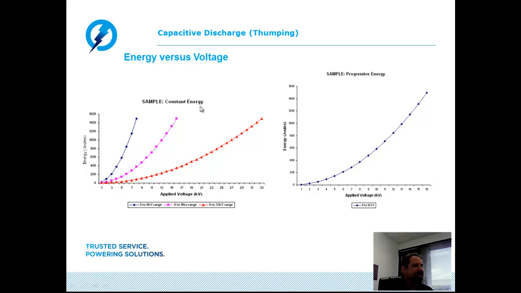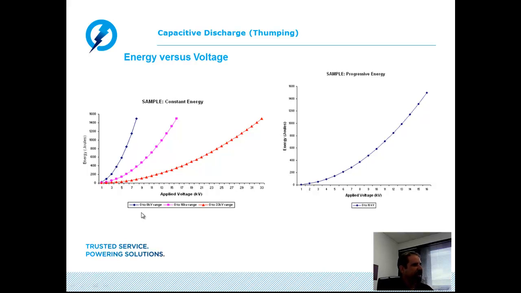A constant energy thumper basically gives you multiple ranges of output. And at these different output ranges, it's actually using different capacitive values. So for instance, in the example here, if we use the 0 to 8,000 volt range, we're using the maximum or largest capacitive setting inside of this thumper.